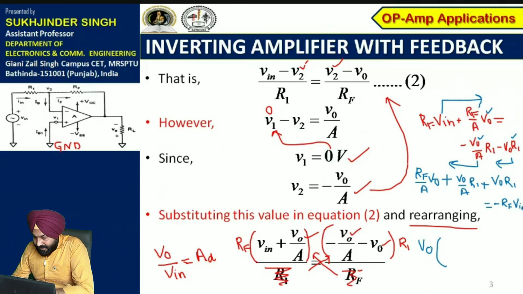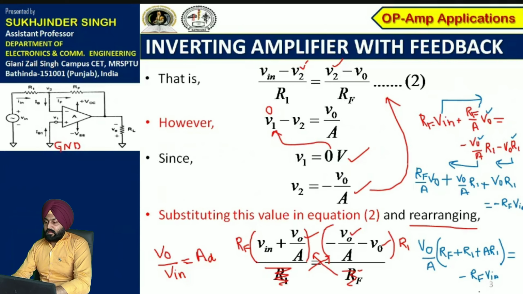From this expression you can take the common factor, that is V0, and after taking LCM and taking A outside, you get (RF plus R1 plus A into R1) is equal to minus RF into Vin.